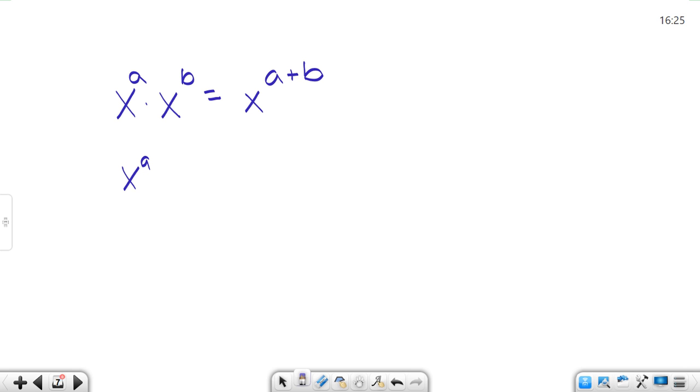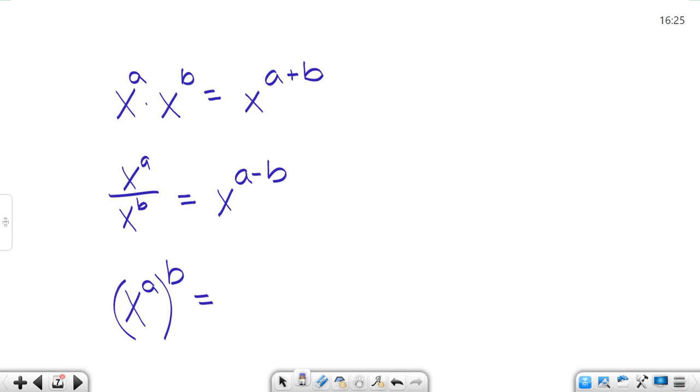When we divide like bases, x to the a divided by x to the b, we subtract those exponents. And when we take a term, x to the a, and raise it to a power of b, we multiply those exponents. And guys, remember, a and b can be any number, okay?